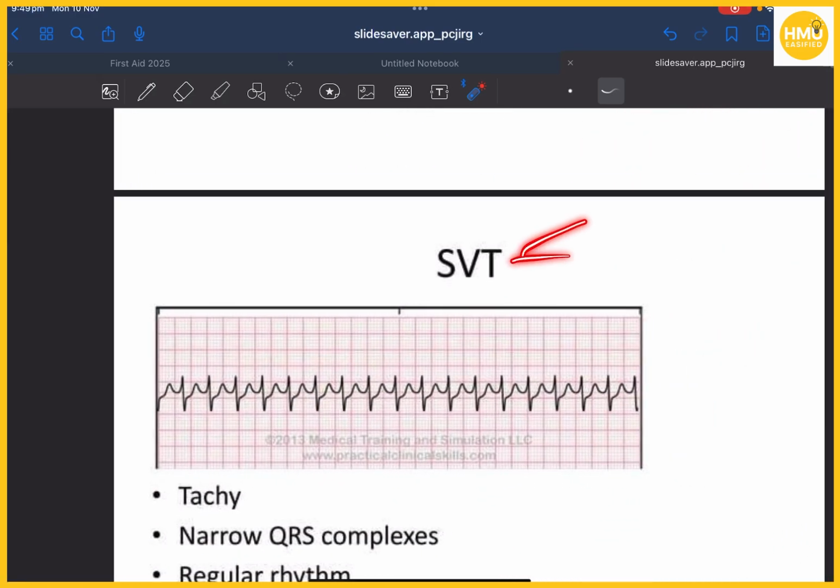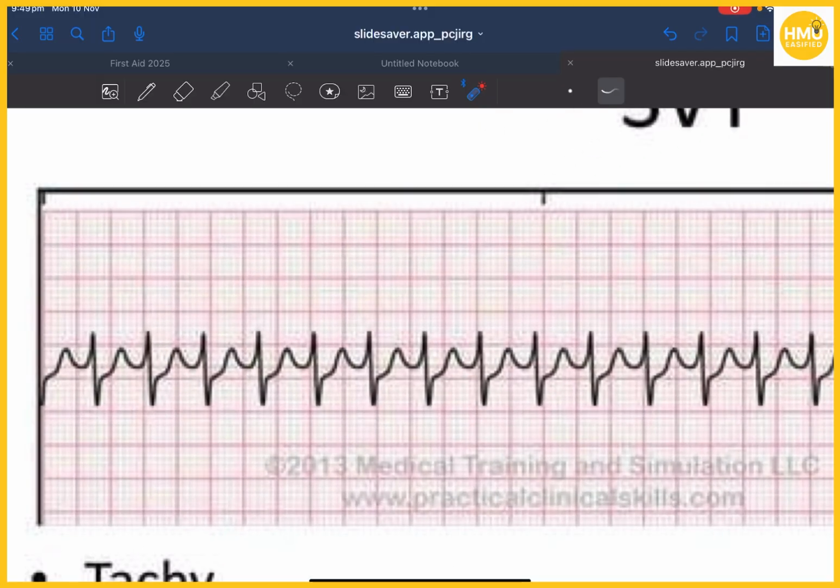So here you can see there's actually no P wave. This is actually a T wave. Now, if you're confused between these two, if it's a T wave or a P wave, just assume it's a T wave, because there's literally no way on earth that you're going to see an ECG that does not have a T wave, unless obviously hypokalemia and these electrolyte imbalances.